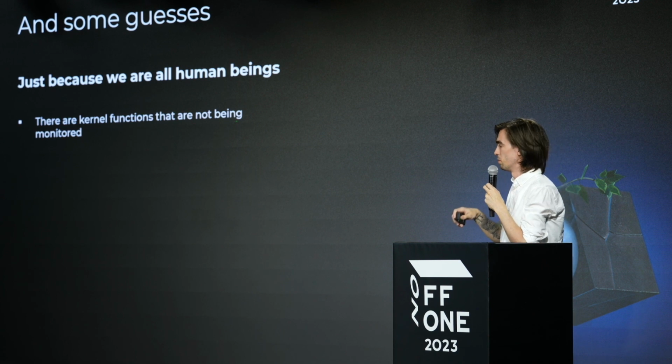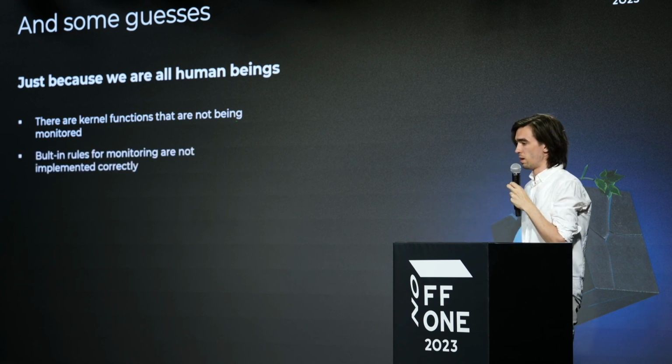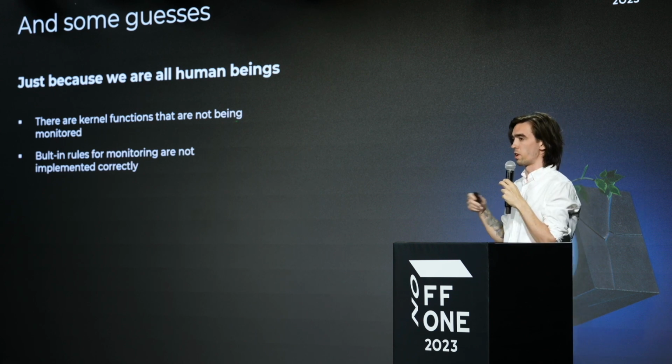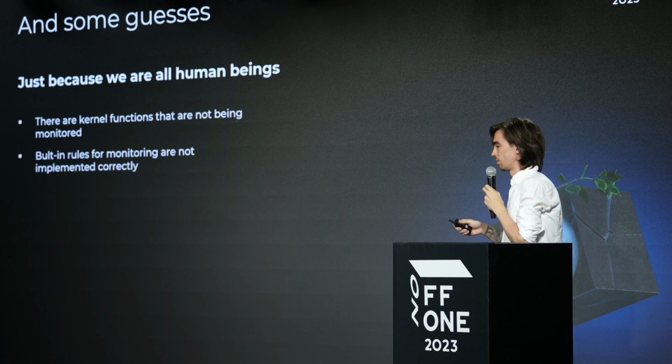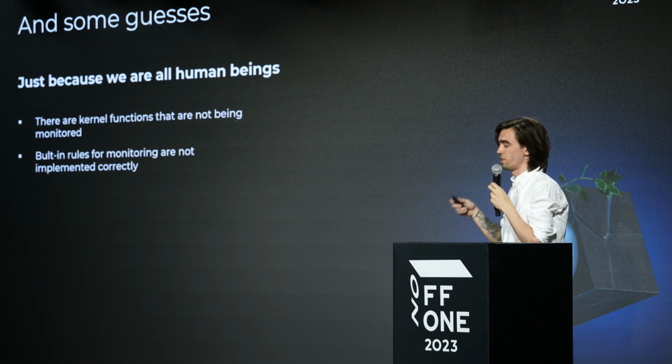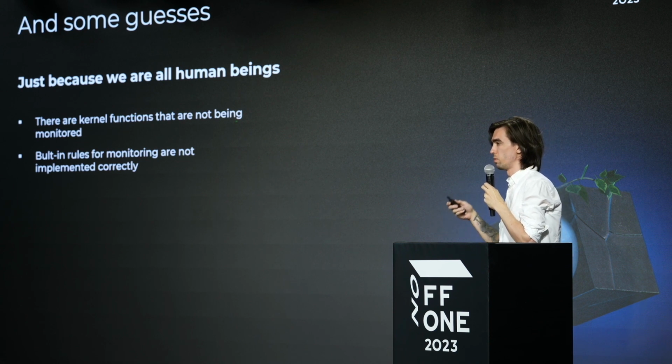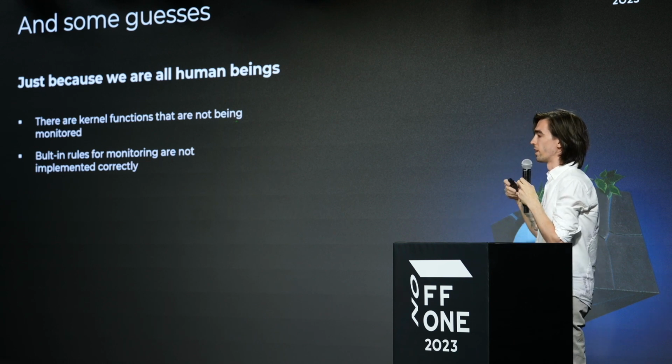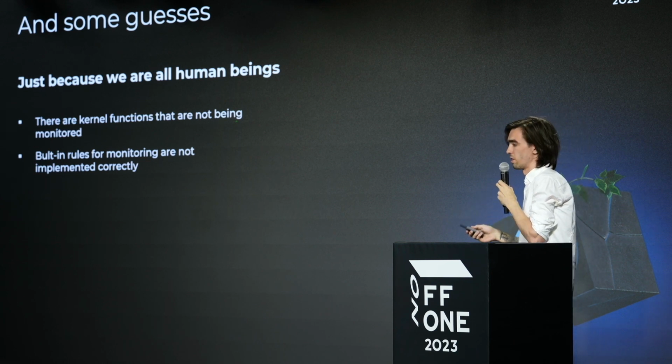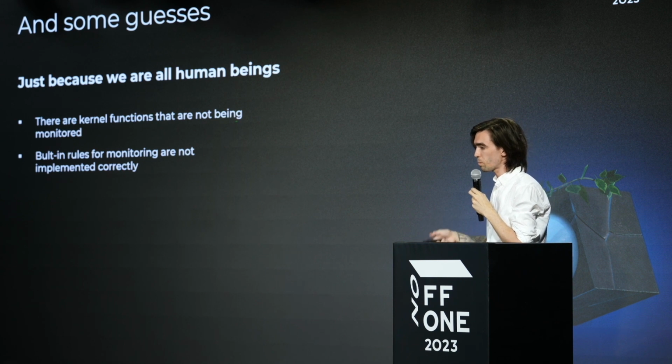And if your tool identifies just half of them, you can use the other half to hide your actions. Built-in rules for monitoring might not be implemented correctly, and their logic might contain a vulnerability that we can abuse to bypass the rules.